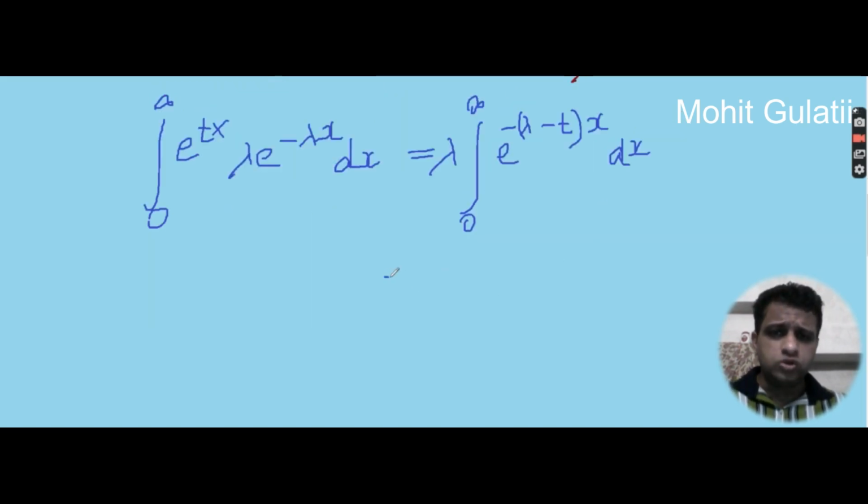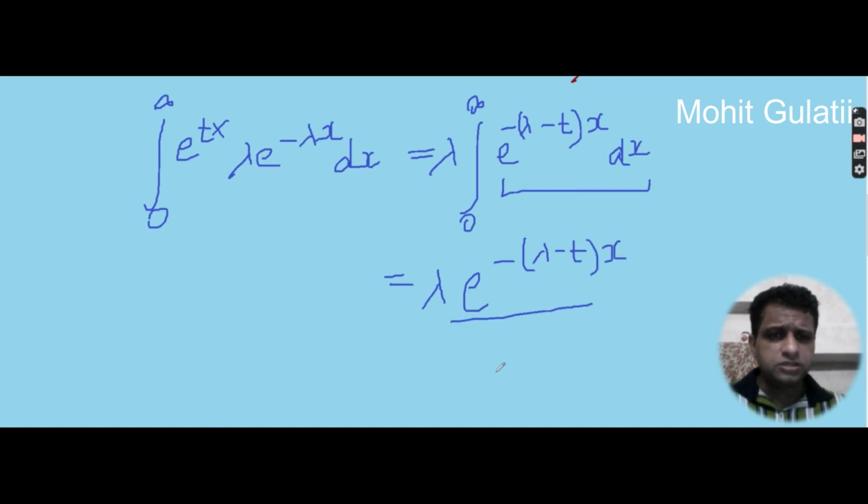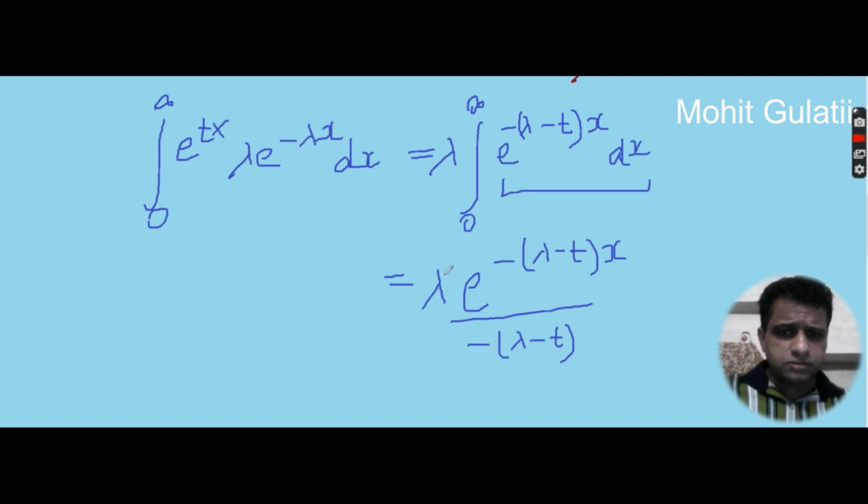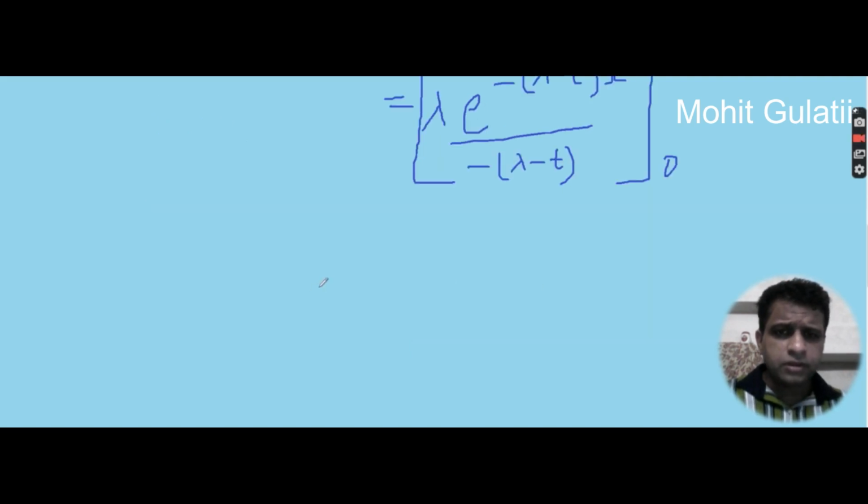Now I show you what happens when I integrate this expression. It will be e raised to power minus (lambda minus t) x divided by minus (lambda minus t).